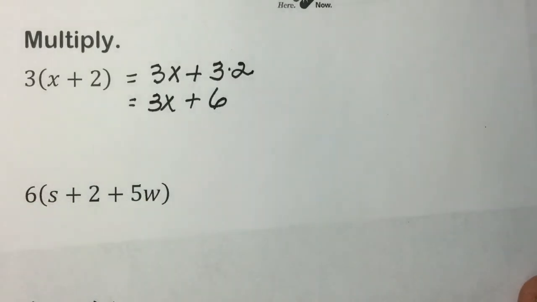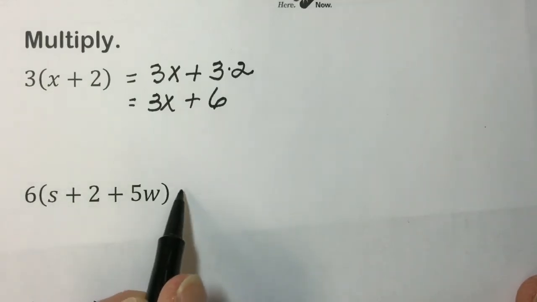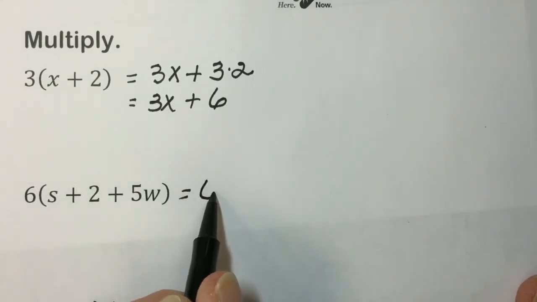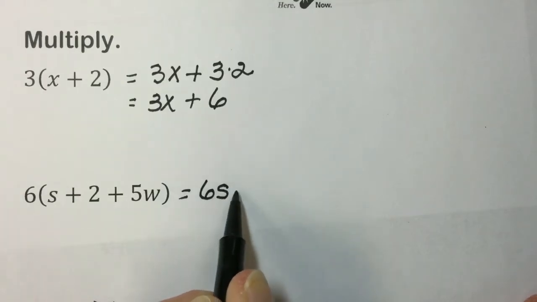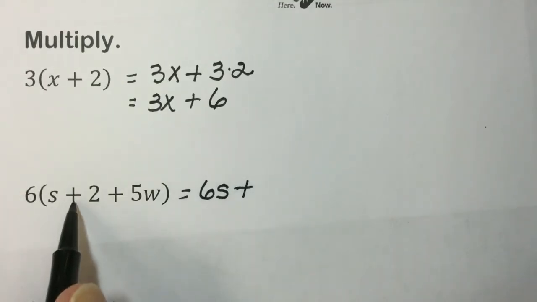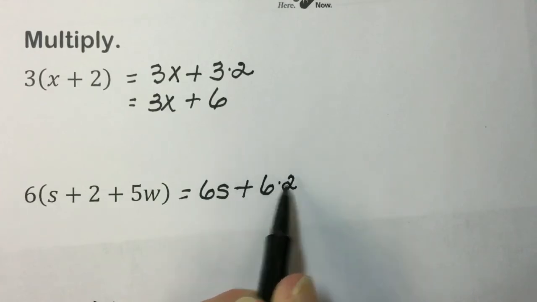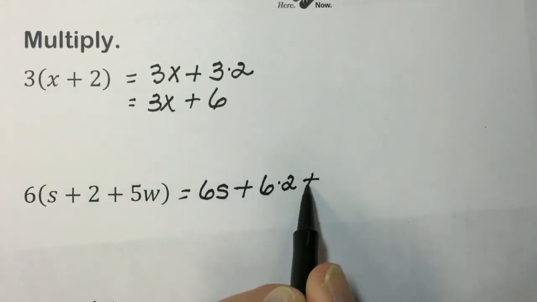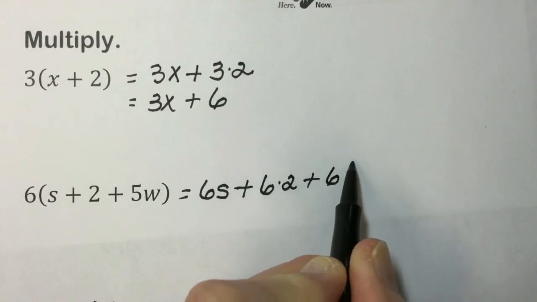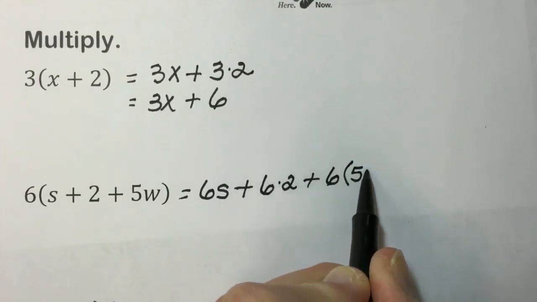And to use that distributive law for removing parentheses, we have to be sure to multiply each term inside the parentheses by the multiplier outside. So in this next example, 6 needs to be multiplied by the first term using the same sign, 6 times the second term using the same sign, and 6 times the last term.